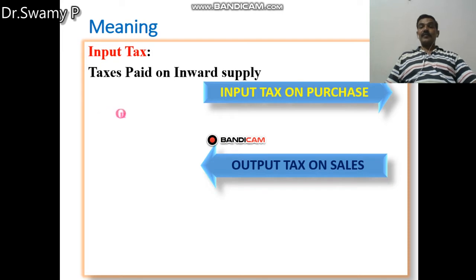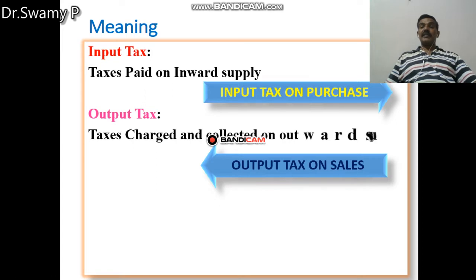When the seller or the supplier sells the goods or supplies the goods or services or both, he collects, if such goods or services are subject to GST, the taxes on his supply.